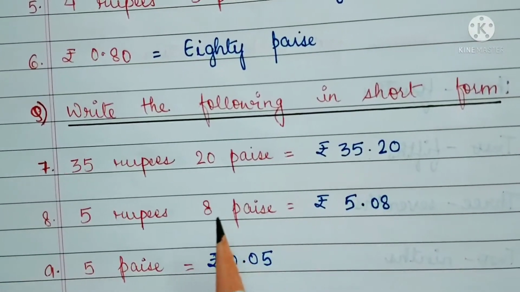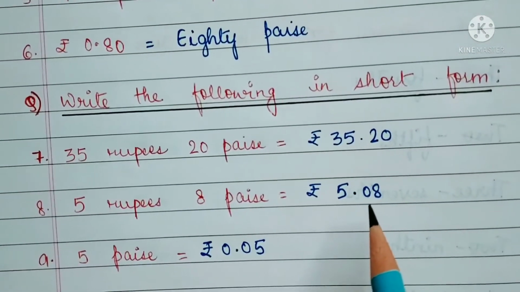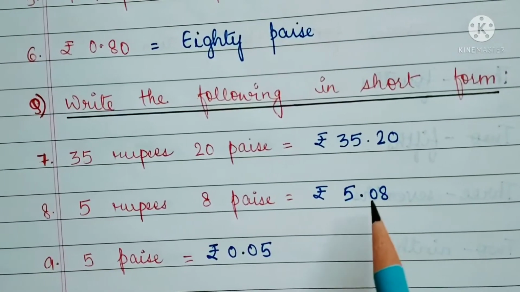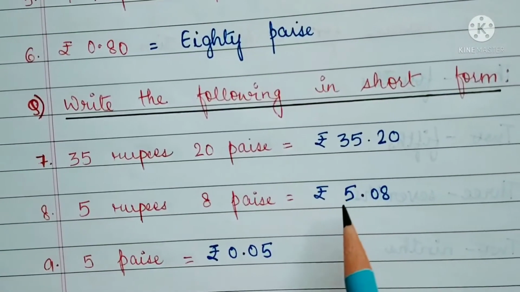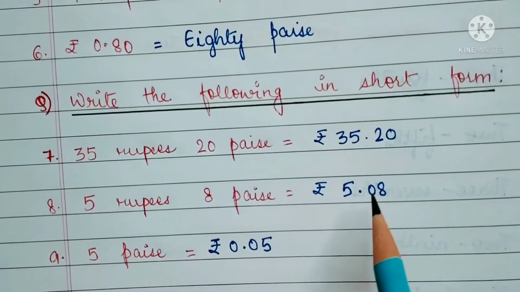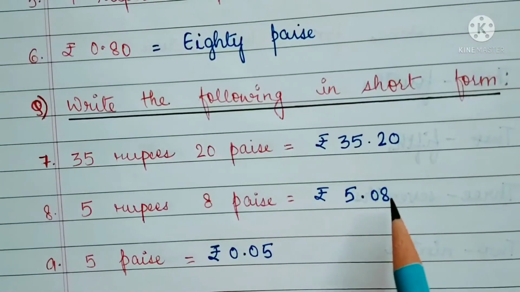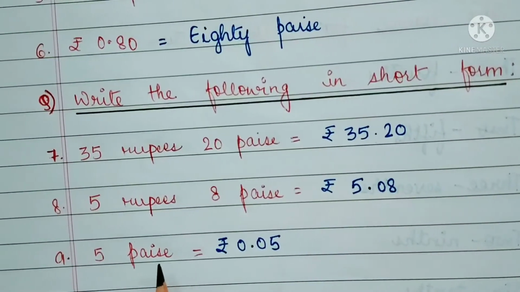We will write 08 because these 2 digits represent paise. The digits to the right of the point represent paise. So rupees 5.08.